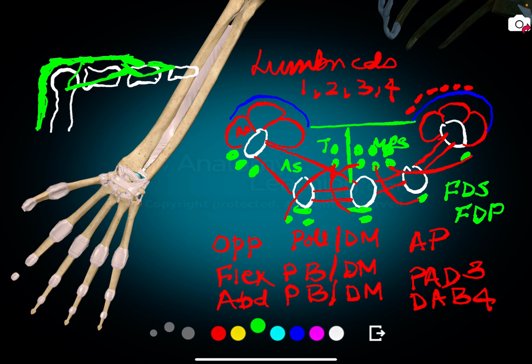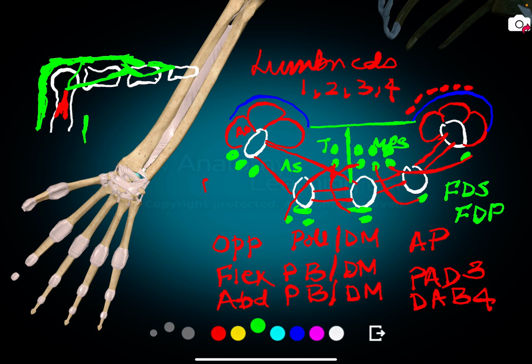So any pull on this extensor expansion is of either the interossei, palmar or dorsal interossei, adducting or abducting the metacarpophalangeal joint.